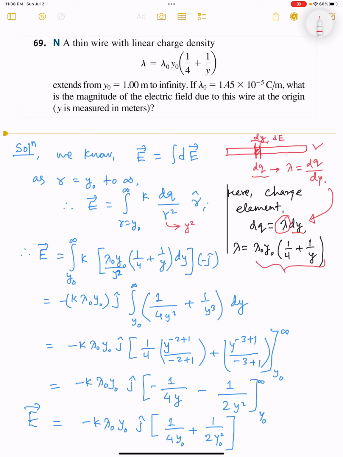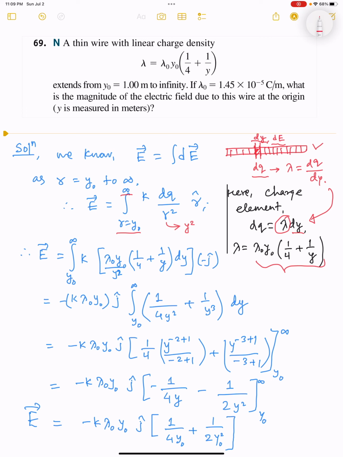Within this region, let's consider the field has the value of dE, so that these small segments of dE, when integrated, will give us the total field E. So E equals the integration of dE, where the limits of integration range from y naught to infinity, which is given in the question.